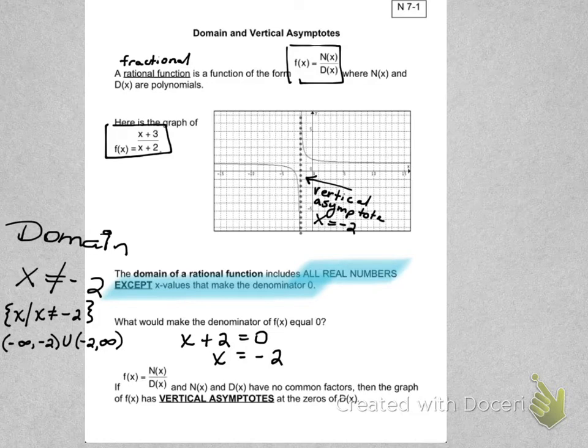That's all these numbers except -2, because this curved bracket means it approaches -2 but never is -2. So this notation leaves -2 out of the domain, and it's a way to say all real numbers except -2.